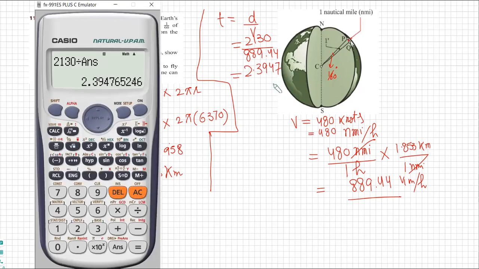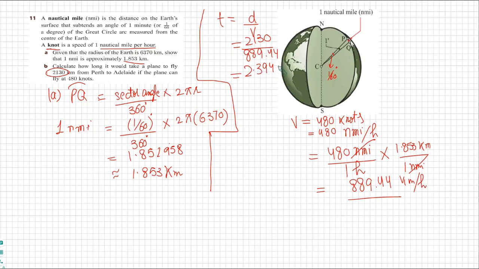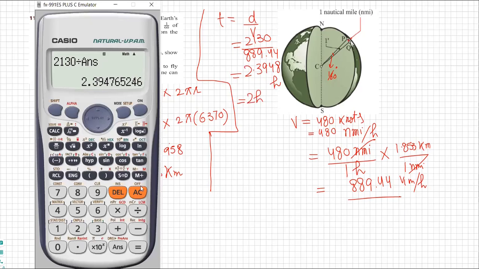2.394748 hours. And if you wish to convert into minutes, take the integer part as hours, and the fractional part can be multiplied by 60.